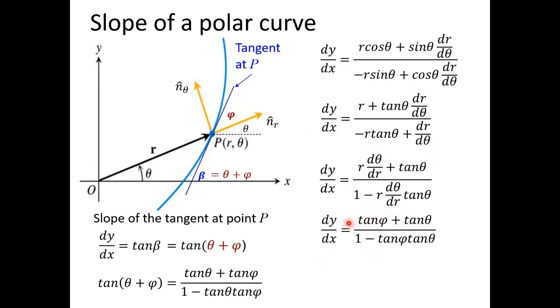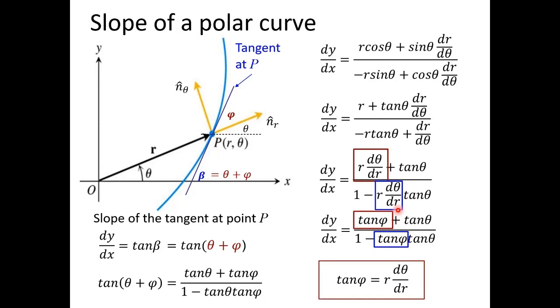So accordingly, you can compare these two equations and conclude that tan psi equals r d theta over dr. Using this relationship, we will be able to find the angle psi, and if you can find this angle psi, then you should be able to find the normal direction.